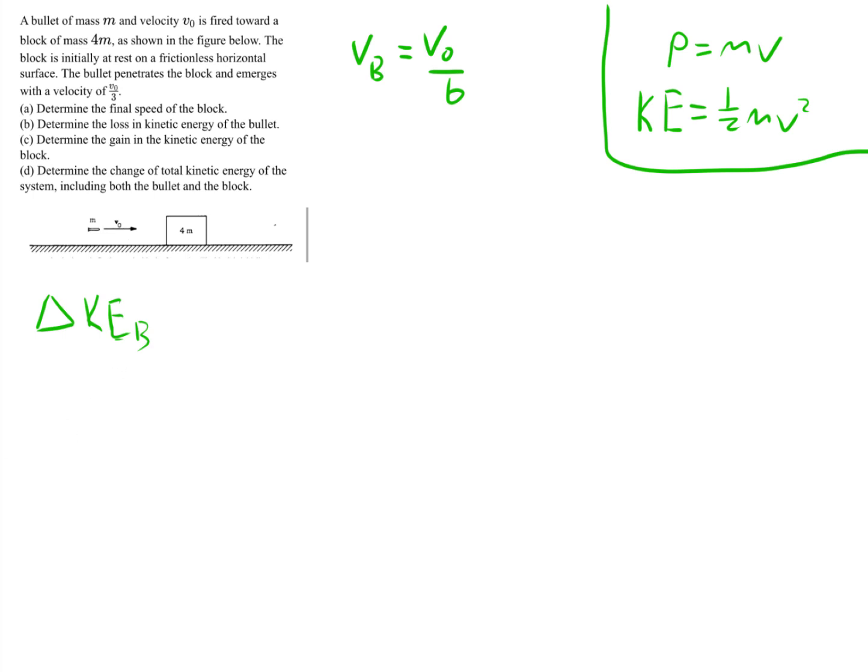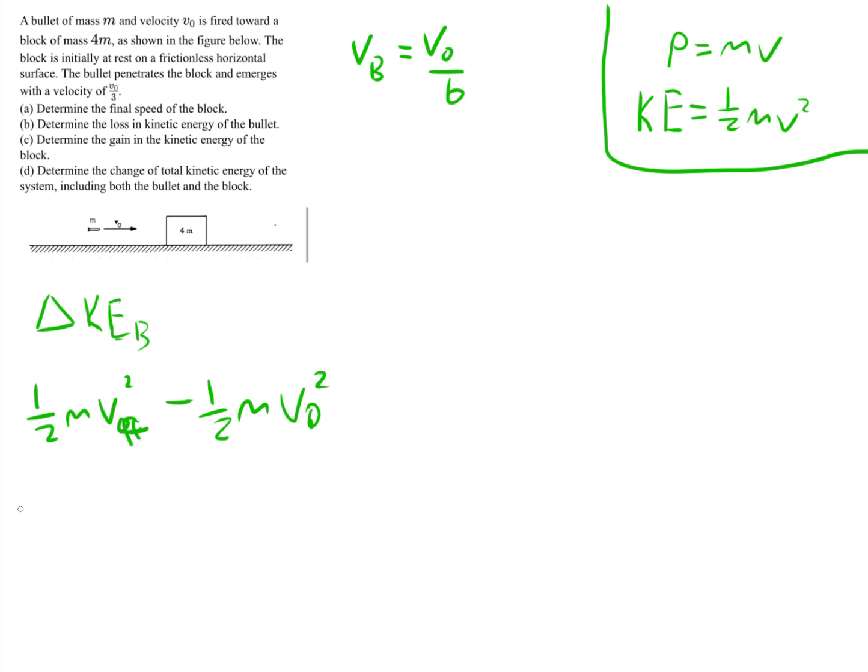So that is basically 1/2 the mass times the final velocity of the bullet squared minus 1/2 mass times the initial velocity of the bullet squared.